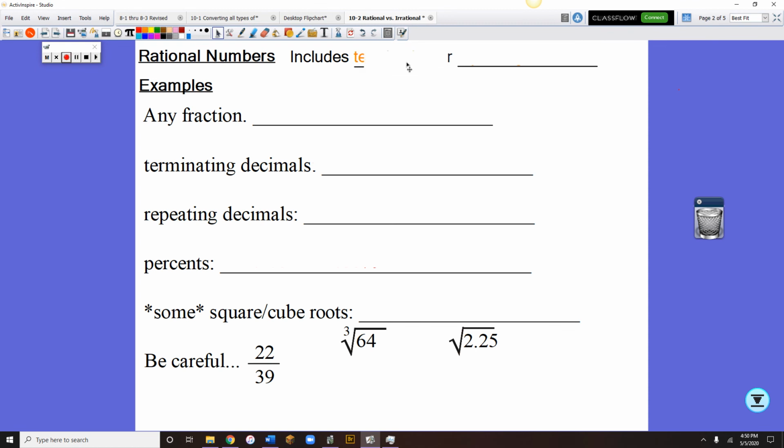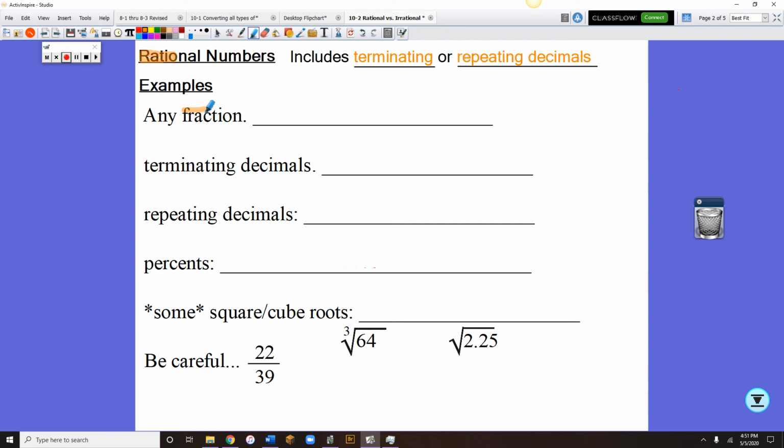A rational number would include anything that, if we change it to a decimal, the decimal terminates or ends, or the decimal repeats. Then it's rational, okay? In fact, the word rational has the word ratio in it, and ratio is another word for fraction.